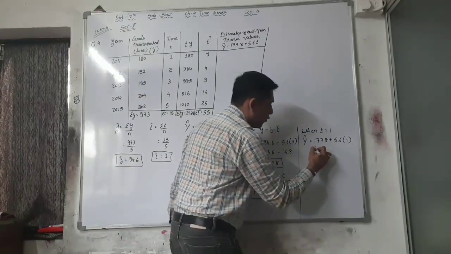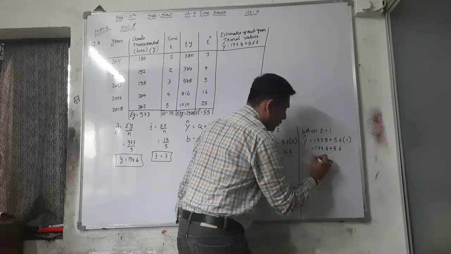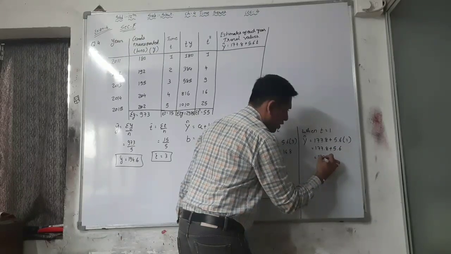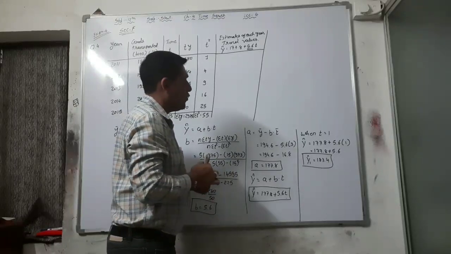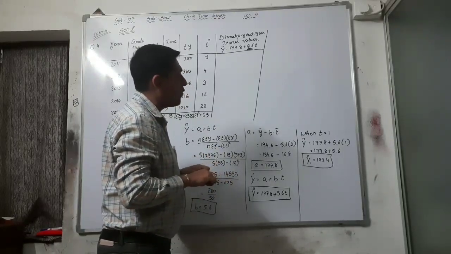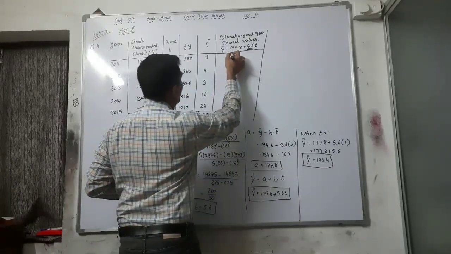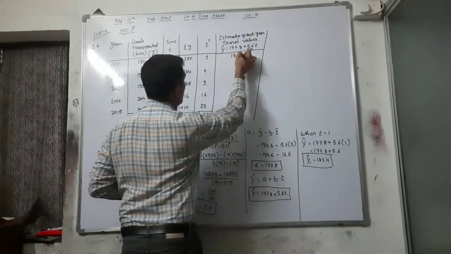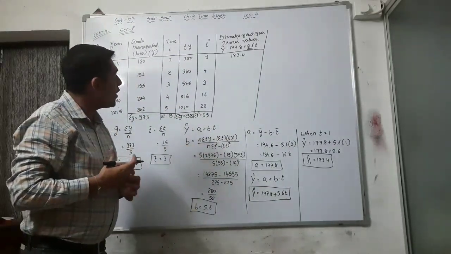That is 177.8 plus 5.6, 183.4. Now here we have 183.4, that is first year value, and we are putting here in the estimated value 183.4. This is our first year value.